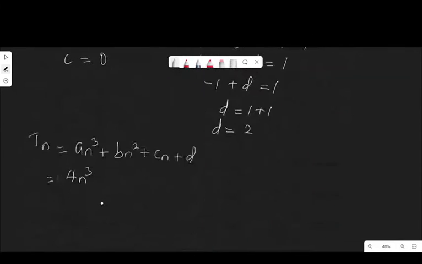So minus 5n squared. c is 0, so the whole of this term is 0. While d is 2. So the nth term of this sequence is Tn equal to 4n cubed minus 5n squared plus 2.